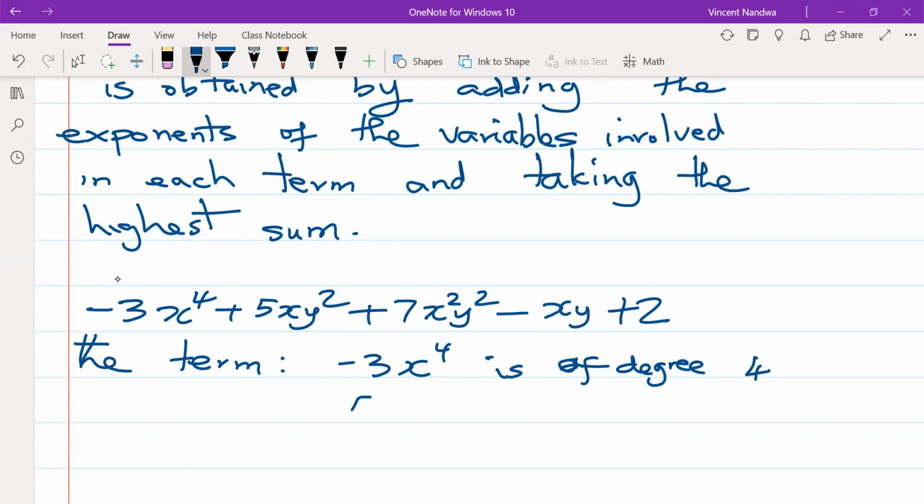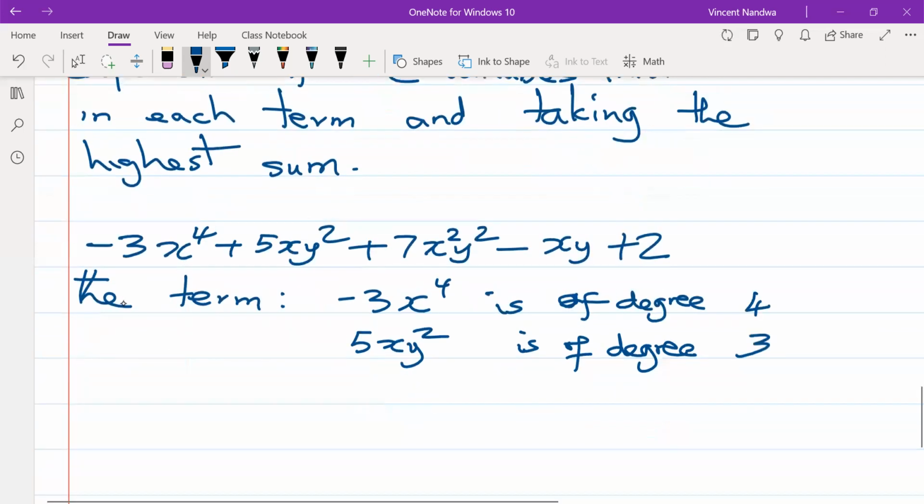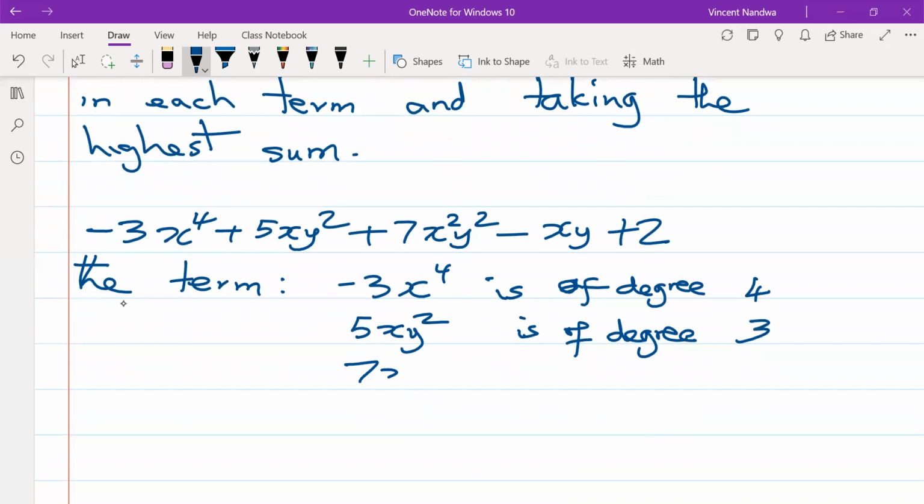The next term is 5xy squared. What is the degree of this term? The power of x is 1, and the power of y is 2, so therefore the total is 3. Then the next term is 7x squared y squared. What is the degree of that term?